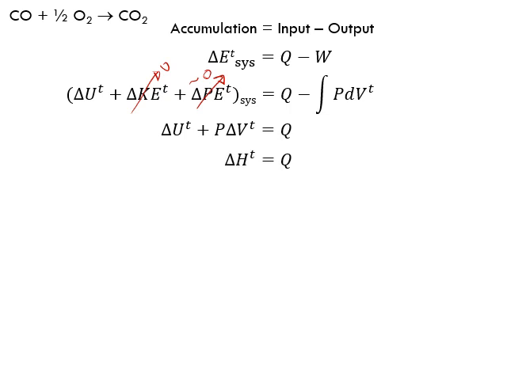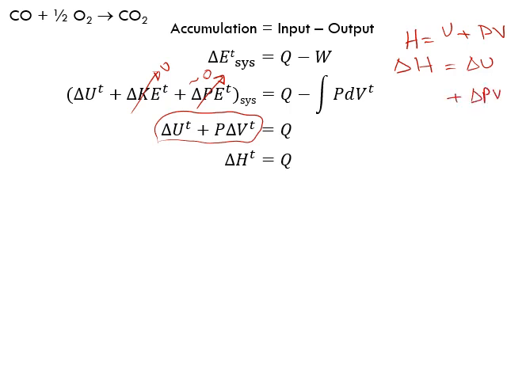Okay, and of course, you all know that this boils down to delta H. Why is that? Because you know that H equals U plus PV, correct? So delta H equals delta U plus delta PV.